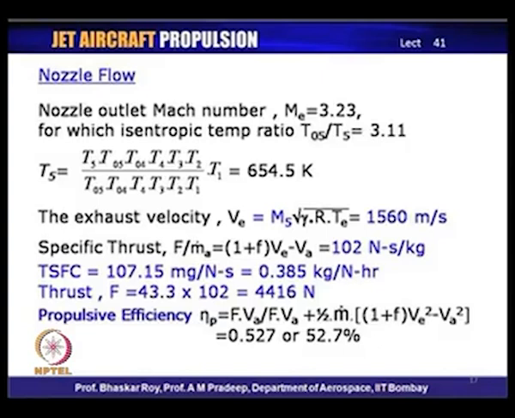So, the thrust as we can see now and the specific thrust as we can see now are actually not very high, in spite of the fact that the aircraft is flying at very high supersonic speeds. The propulsive efficiency that we get from these parameters can now be computed, and it comes out to be 52.7%, which is of the same order as the ramjet engines that we have found earlier.